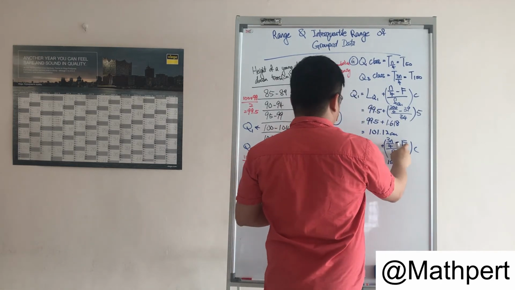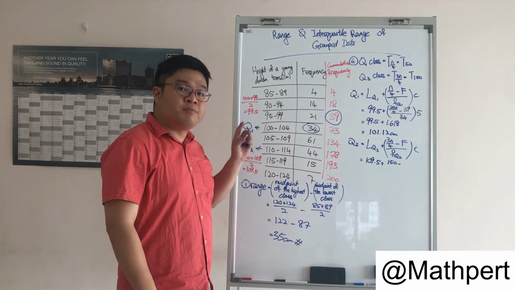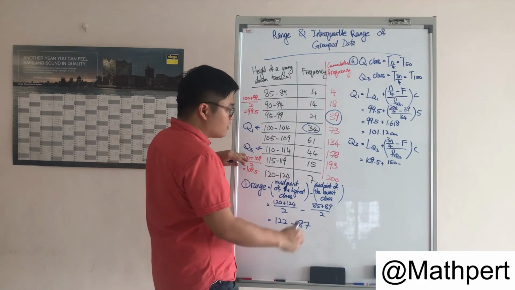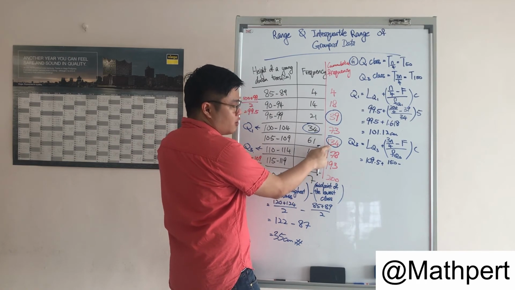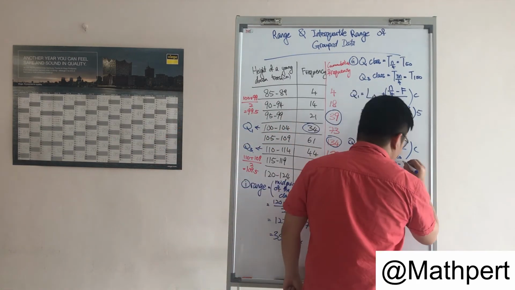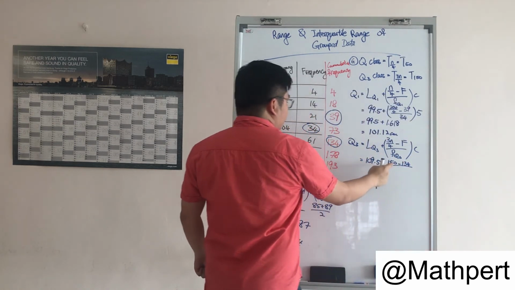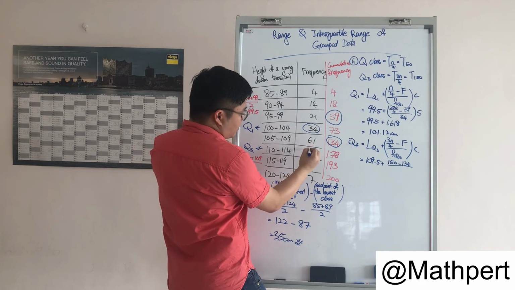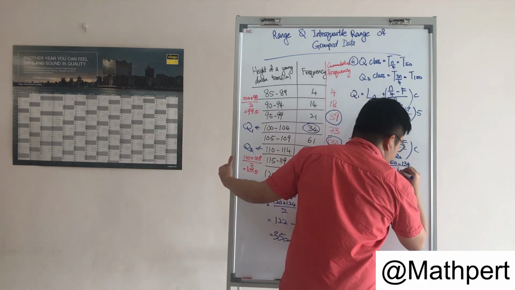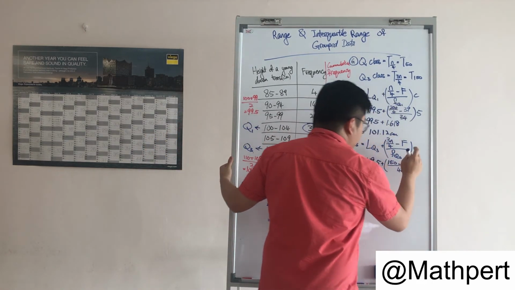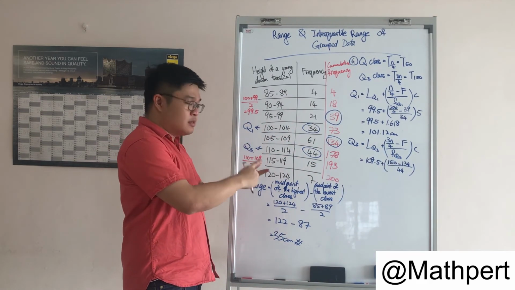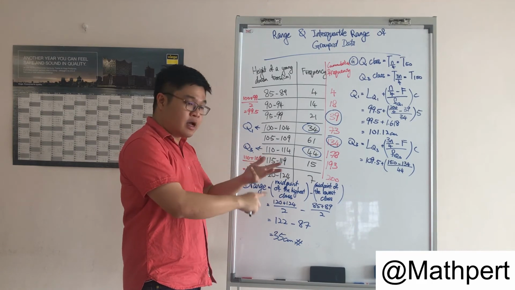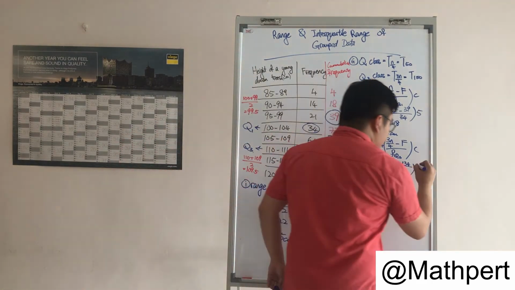Minus F, the cumulative frequency before the Q3 class. The Q3 class is over here. The cumulative frequency before the Q3 class is 134. Divided by the frequency of the Q3 class, which is here 44. Then the class size: 110, 111, 112, 113, 114, so 5.